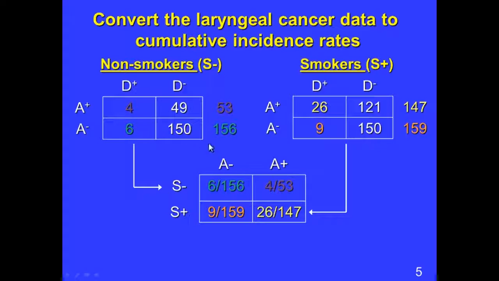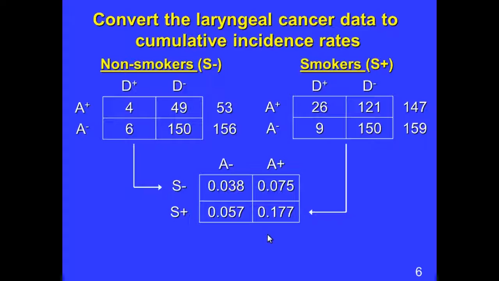It's 6 cases divided by a total of 156. And we do that for all of the four categories, including people who both smoke and drink. It comes from here: 26 cases divided by the total of 147 in that category of alcohol drinking smokers. Those are the fractions, and those are the decimal figures. We use those to work with.